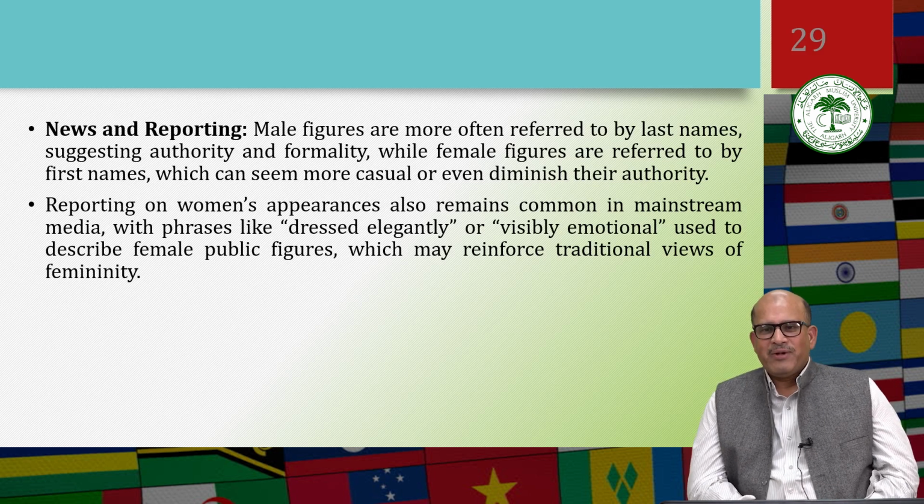Reporting on women's appearances also remains common in mainstream media, with phrases like "dressed elegantly" or "visibly emotional" used to describe female public figures, which may reinforce traditional views of femininity.